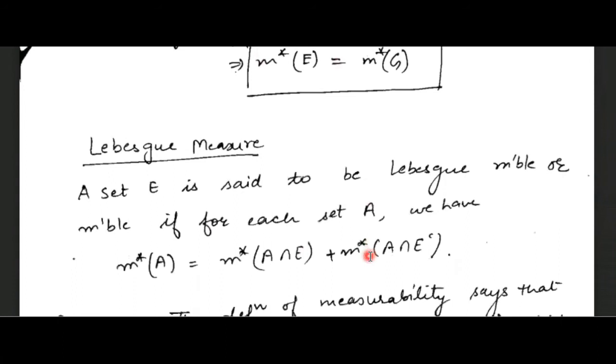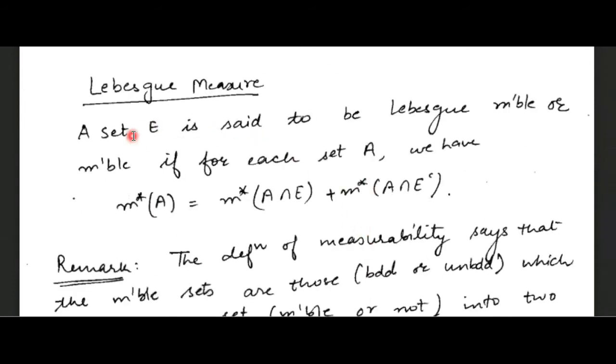Now the next term is Lebesgue measure. A set E is said to be Lebesgue measurable, or measurable, if this condition holds for each set A. So if you consider any set A, and for this set E, the outer measure of A is the same as the outer measure of A intersection E, plus outer measure of A intersection E complement, then we call this set E Lebesgue measurable.